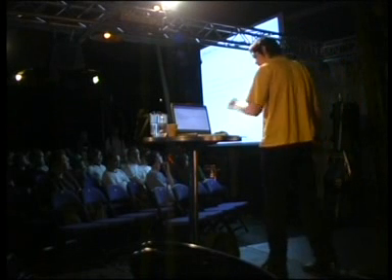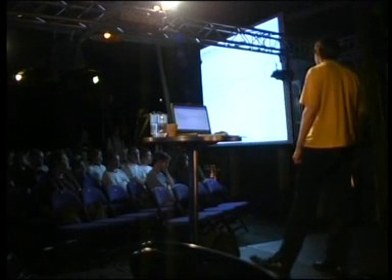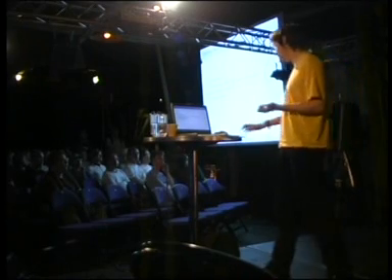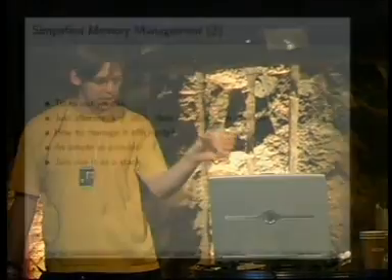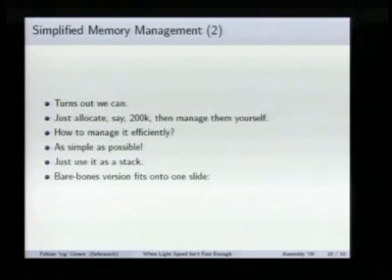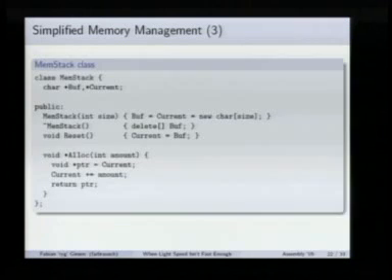Probably the simplest possible memory allocation strategy is just using it as a stack, just assigning addresses as you go, and not allowing any free operations at all. The bare bones version of that actually fits onto one slide. This is a class I call the memstack class, and you just have some buffer and the current allocation pointer inside that buffer.